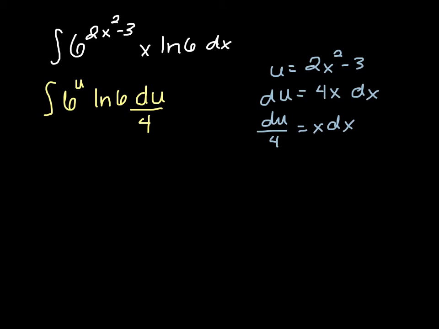So I just replaced our x dx with du divided by 4. I replaced our 2x squared minus 3 with a u, and now we're left with this. Now, this divided by 4 is a constant, so we're allowed to bring that out to the front.